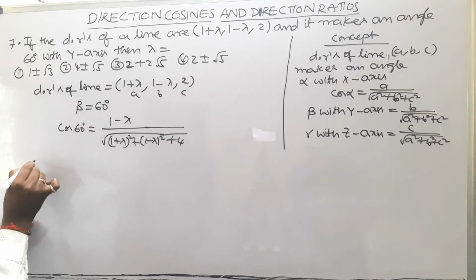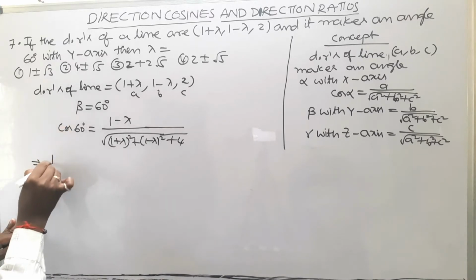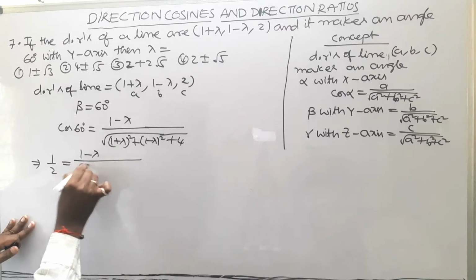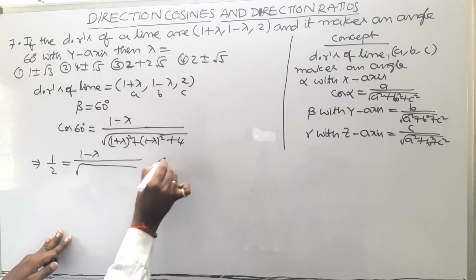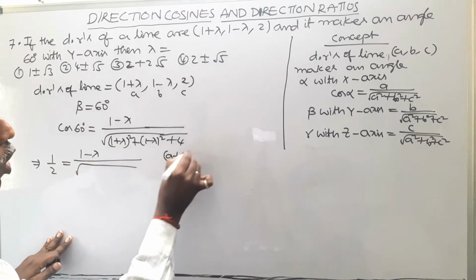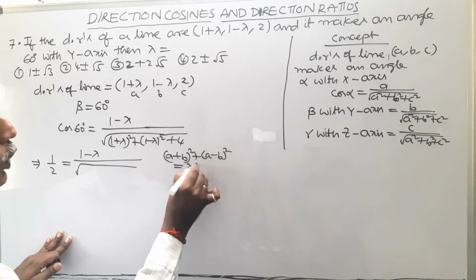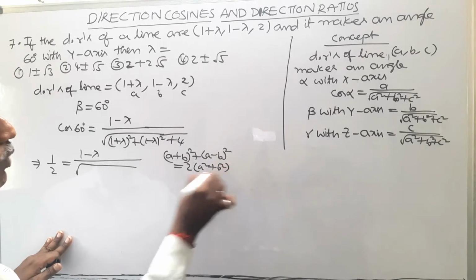Here the value of cos 60 degrees is 1 by 2. We use the identity (a plus b) whole square plus (a minus b) whole square equals 2 into (a square plus b square).